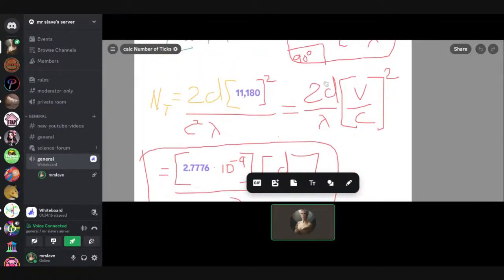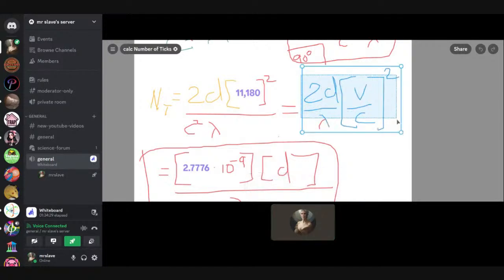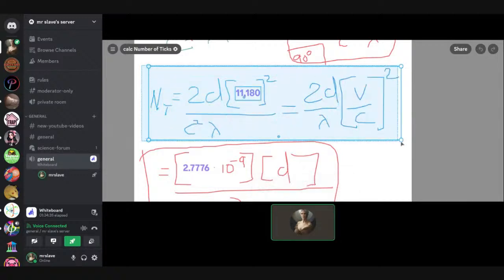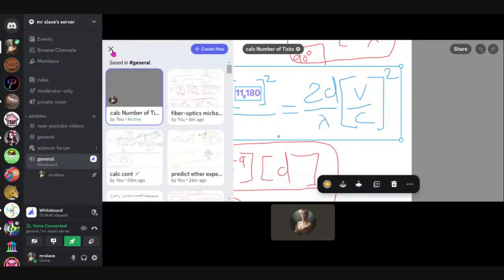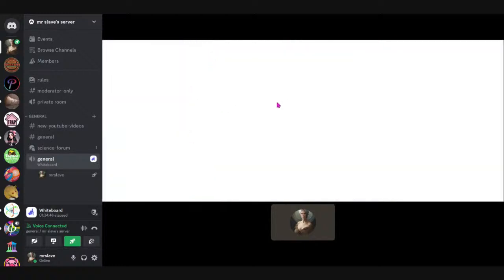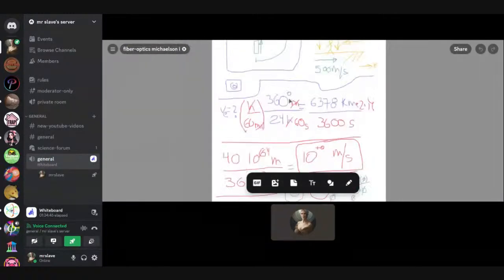It's pretty much this. So D is the arm. Lambda, let's do the calculation. Let's take this with us. Copy. Do we have any more white space here?